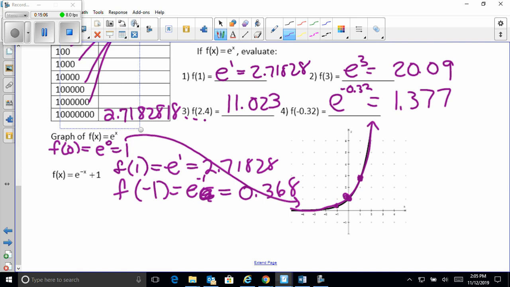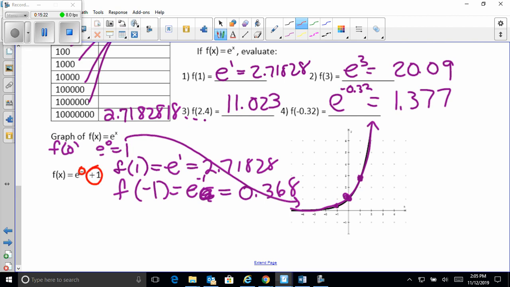Similar to our previous ones. Now, what would this one be? Well, this should be a reflection. Let me change colors here. You can see it's a reflection because there was that negative up there, which means it would go the opposite way and be a decay, and then it's going up 1.